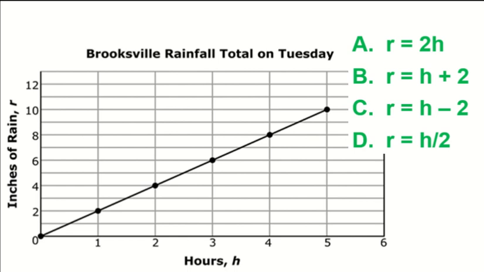All right, y'all try that one. Occasionally, you'll get graphs with different variables. It still works out the same way. Whatever variable is on the y-axis is your y value.